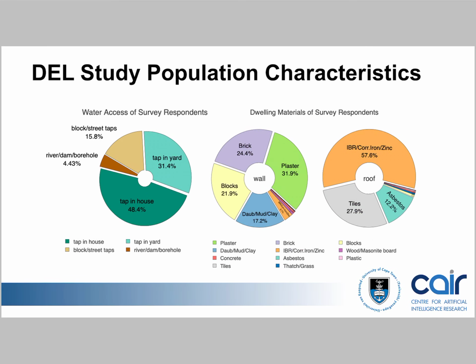The characteristics of the population in the DEL data set: here we've got three donut charts that look at water access and then the dwelling materials, the roof materials and wall materials of respondents. So a fair number of households don't have access to water in the house, a fair number have corrugated iron zinc roofs and live in informal settlements, and quite a lot of households live in traditional dwellings with mud and clay houses.